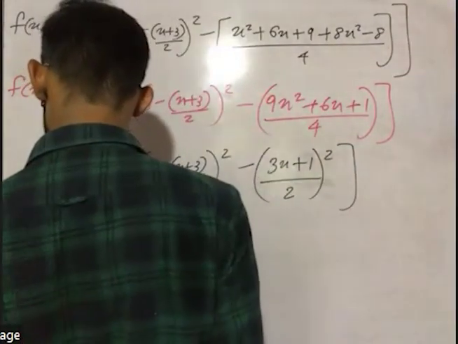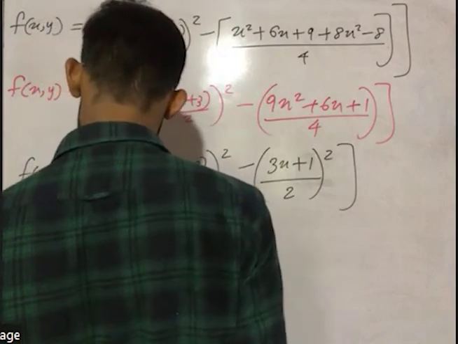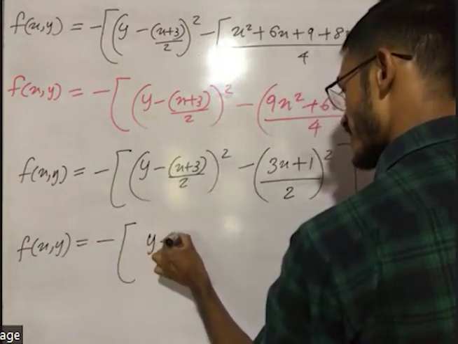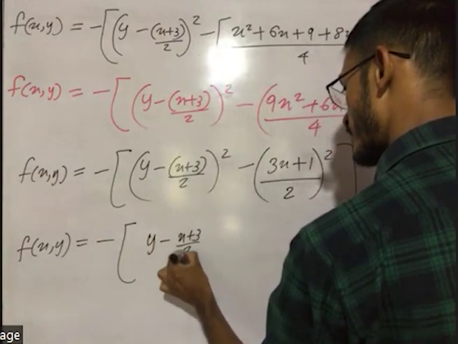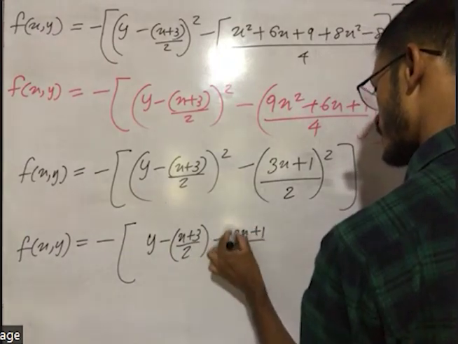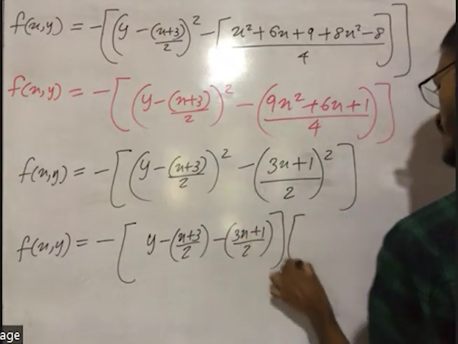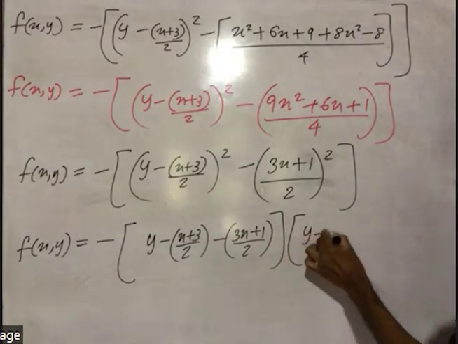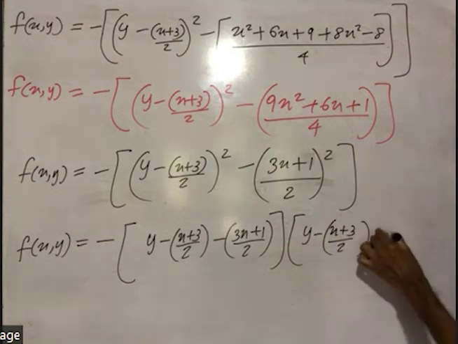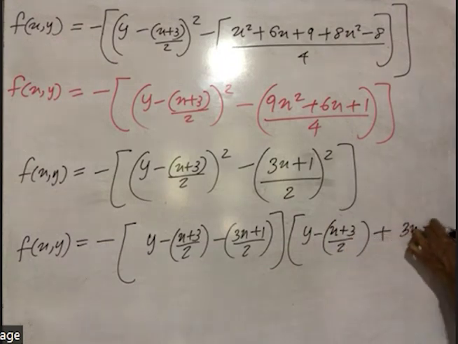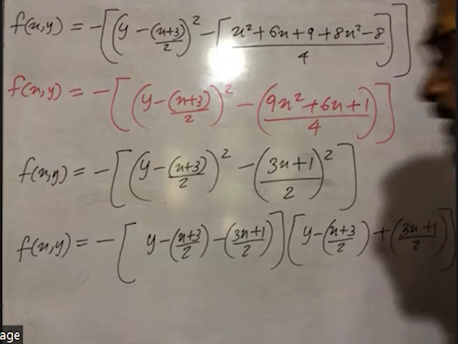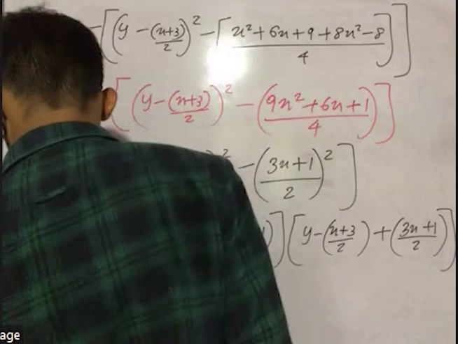Now we can separate this into two factors. Look at this f(x, y). This is equal to minus first factor (y minus (x plus 3) over 2 minus (3x plus 1) over 2) into second factor (y minus (x plus 3) over 2 plus (3x plus 1) over 2). Right. Now let's simplify these two factors.